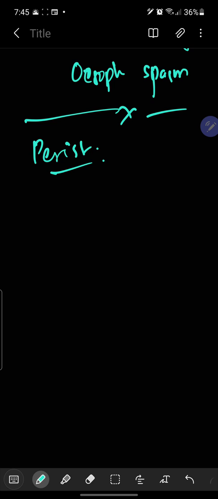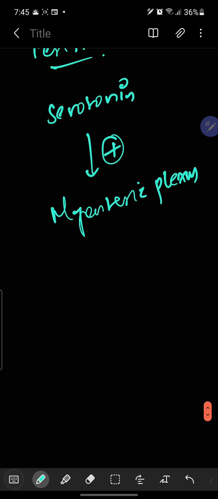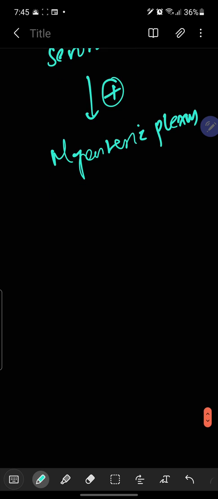When the esophagus gets stretched, it releases serotonin, and this serotonin will activate the myenteric plexus.